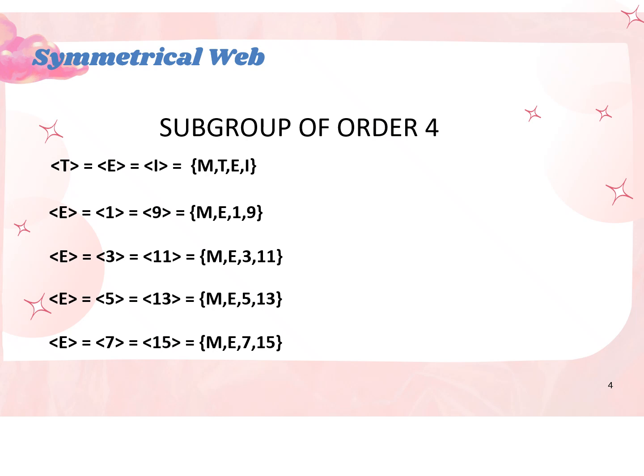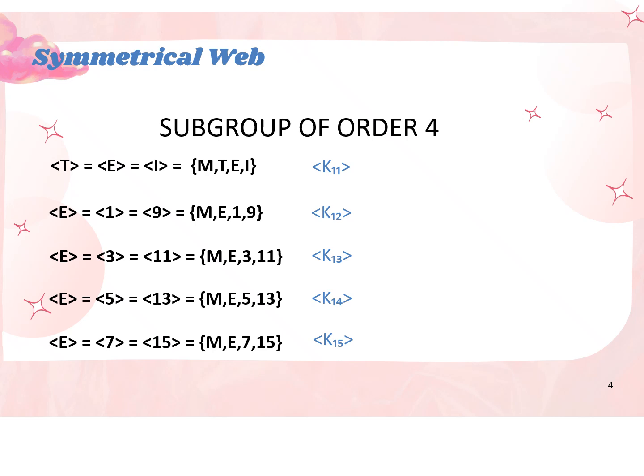The generator T, E, I is K sub 11, the generator E, 1, 9 is K sub 12, the generator E, 3, 11 is K sub 13, followed by K sub 14 and K sub 15.